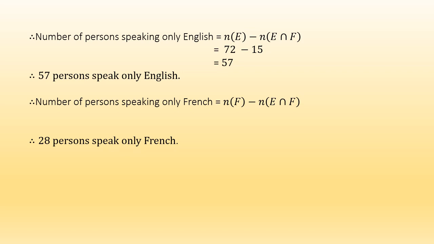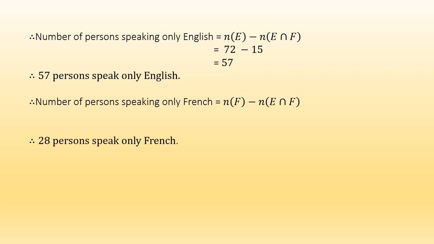Now next part, we need to find out the number of persons speaking only French. As we have done in the previous step, similarly here also the formula will be N of F, that is the set of people speaking French language, minus N of E intersection F, that is the common part. So we'll put up the values.